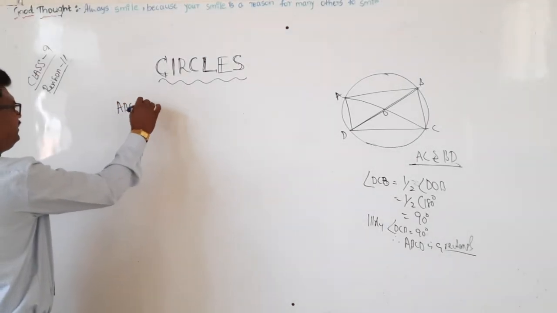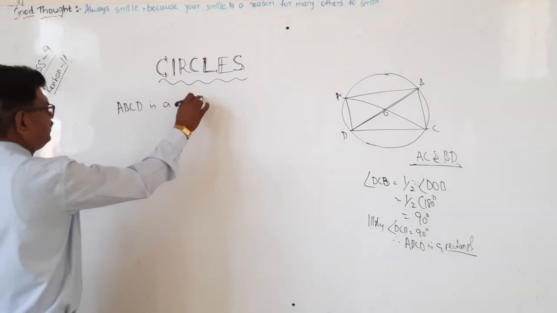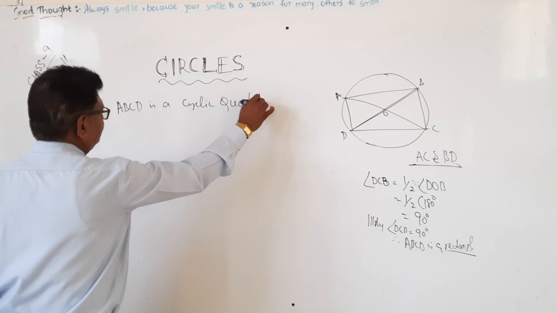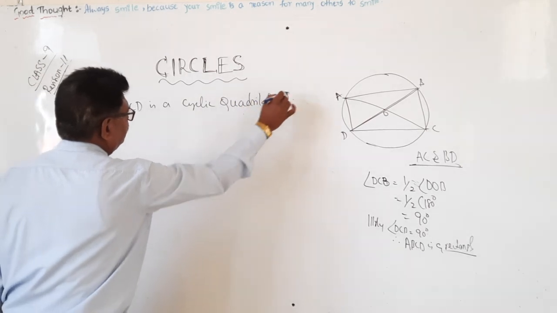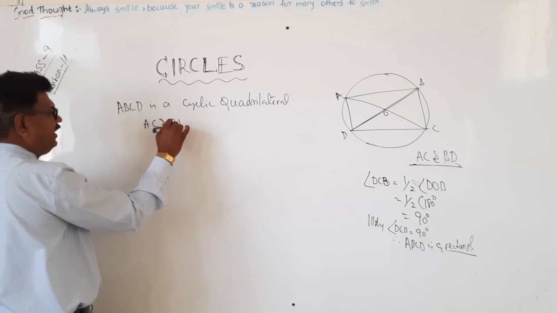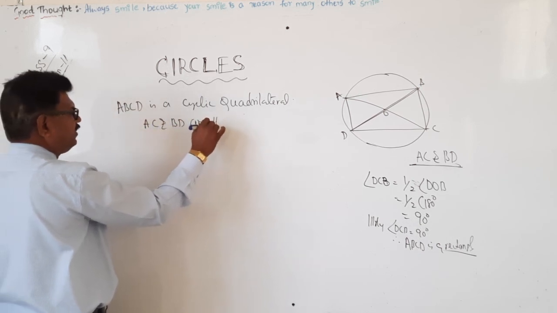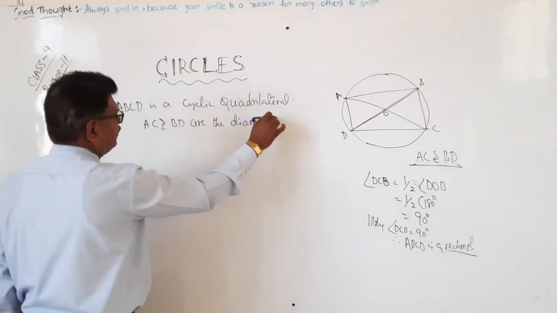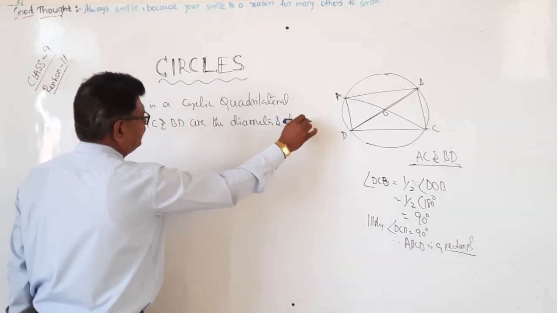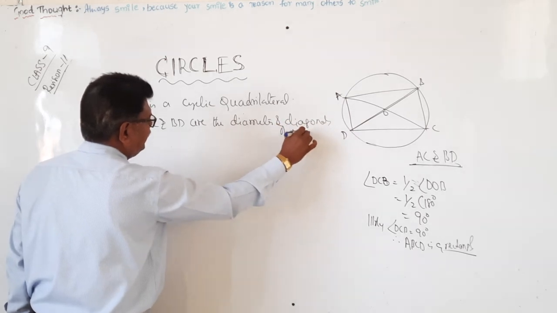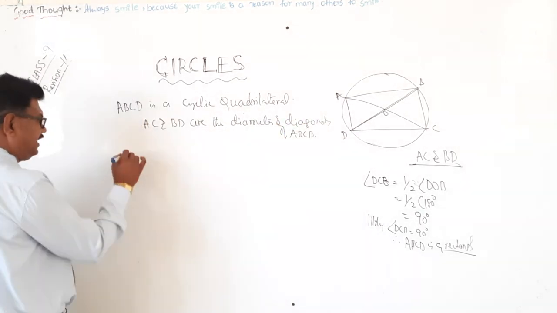ABCD is a cyclic quadrilateral, and AC and BD are the diameters and diagonals of ABCD.